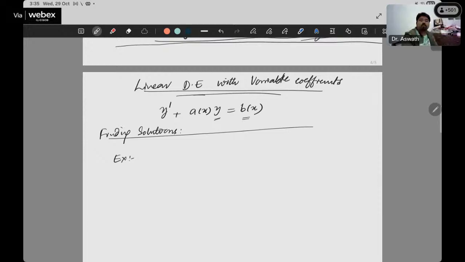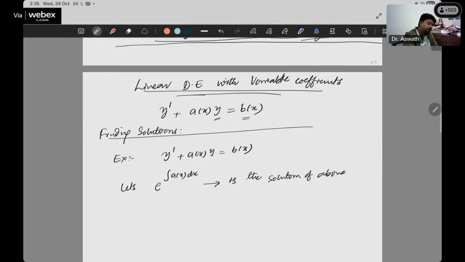For y dash plus a(x) into y is equal to b(x), I'll say it has a solution like exponential of the integral of a(x) dx.